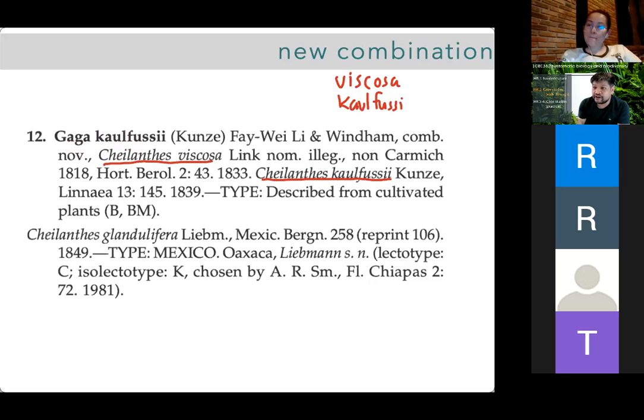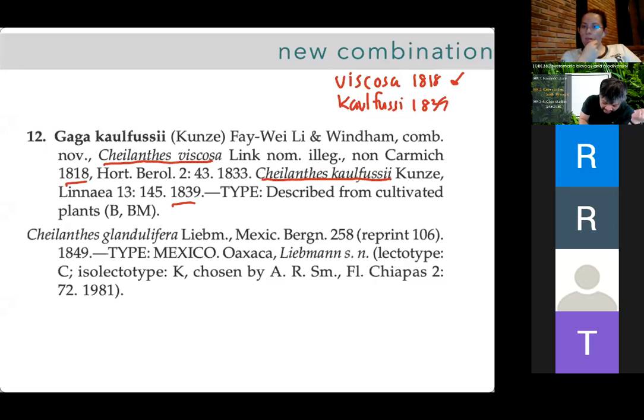These two names refer to the same specimen, basically the same plant. But this name happened in 1818, and this name happened in 1839. So, priority, right? First come, first served. You should have picked this name, viscosa. It should have been Gaga viscosa.